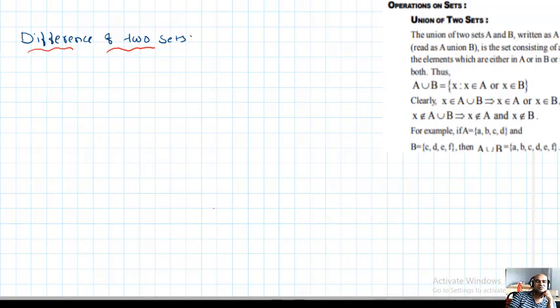I want to write the definition by using set builder form. A, B are two sets.